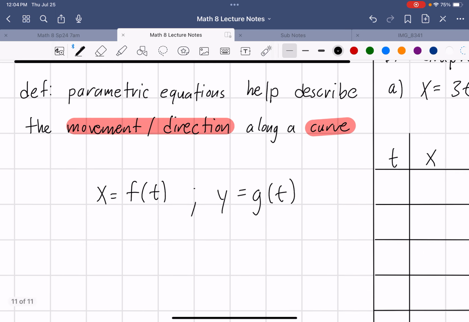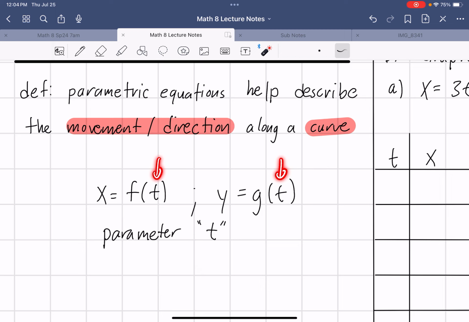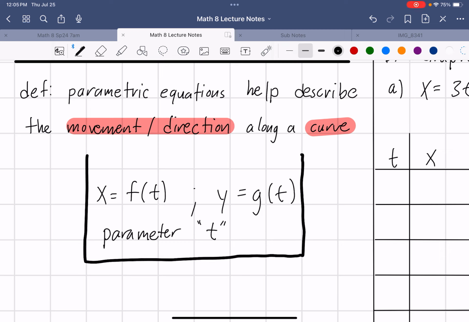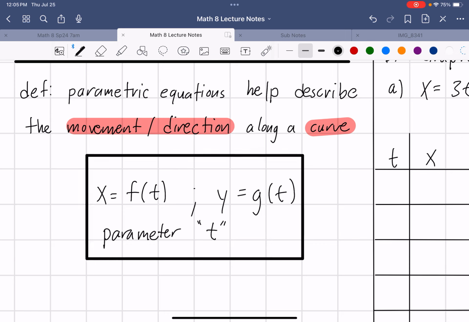And they have a parameter, and this is what creates the movement and direction, or what shows the direction of movement. And the parameter is this t. So we get our x and y coordinates from these functions f and g of t. And we're going to see some examples that show us this movement and direction on these curves.